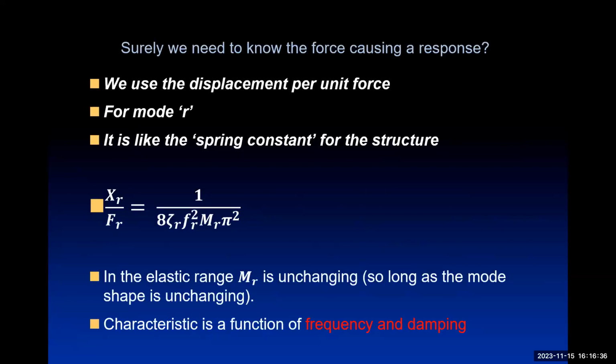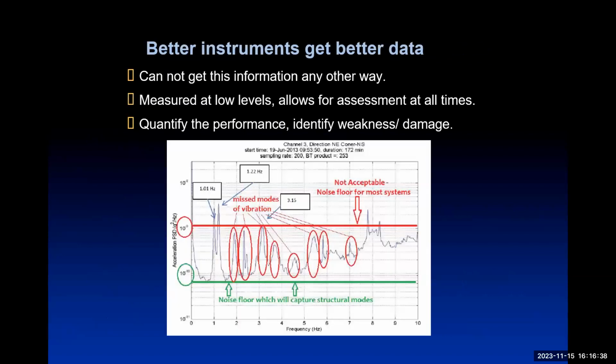So we take that, we measure frequency and damping, and we have good instrumentation because we want to know about these other modes of vibration. Here we've got frequency and the amplitude measured on a structure. If we have a noise floor which is only at this higher level, then we miss all these other modes of vibration.